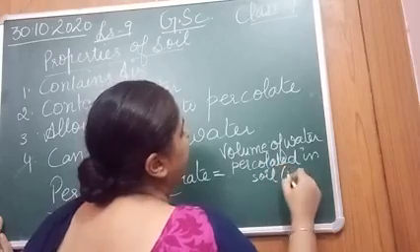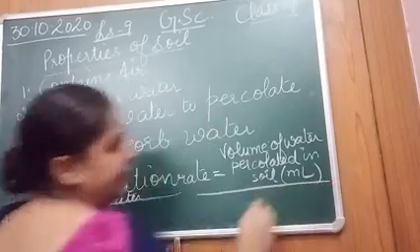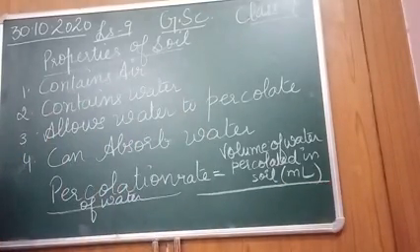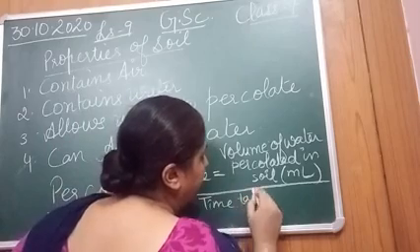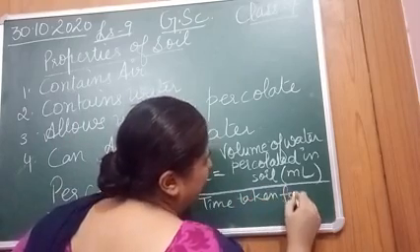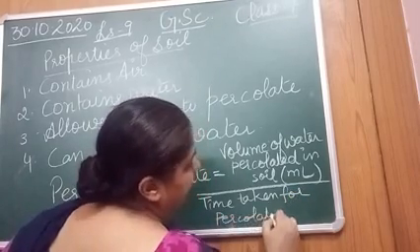It is generally measured in milliliters, right? Divide by the time taken for percolation. It is calculated in minutes.